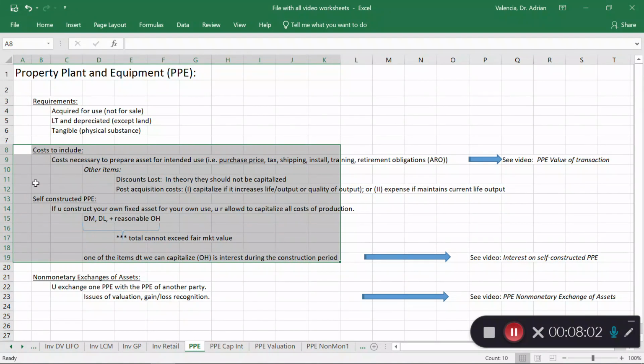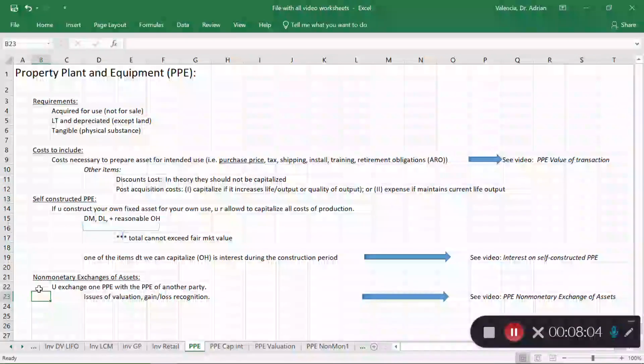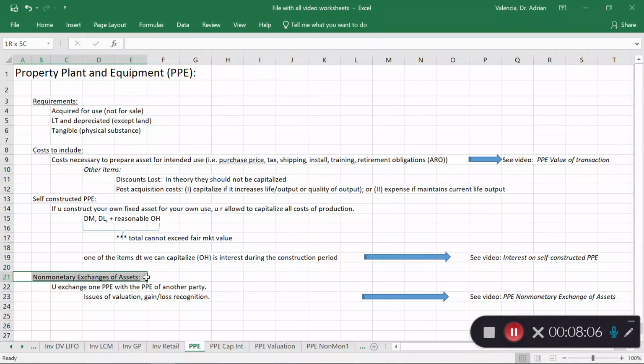Okay. Now, there is this idea here of non-monetary. In other words, sometimes we exchange one of our assets, one of our property, plant, equipment, with the property, plant, and equipment of another party. And either no cash exchange takes place or very little cash exchange takes place.